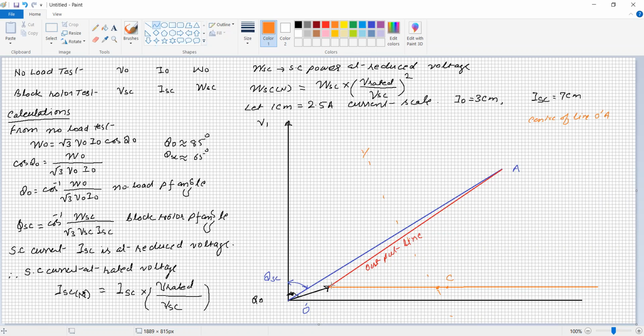I will try to draw this half circle, but it is not possible with this, so I will draw it freehand. So this will be the half circle.